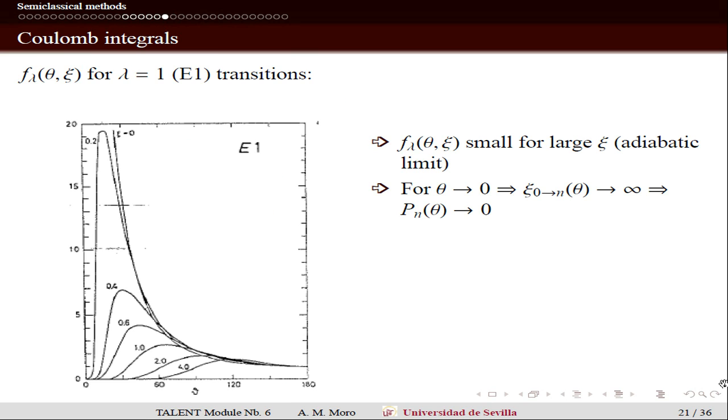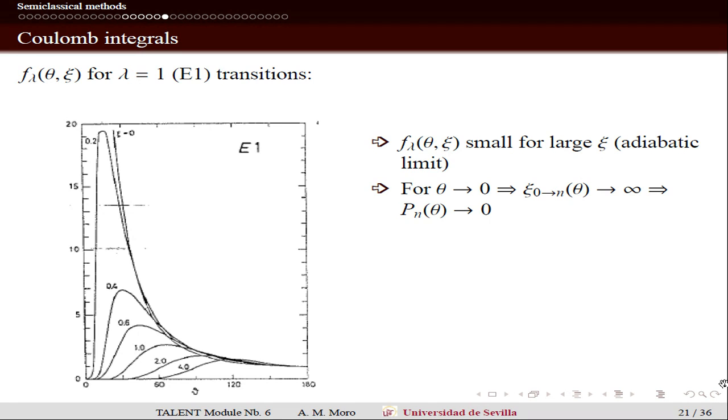Okay. Also, another feature that we observe is that for a small scattering angle, except for the first line that actually diverges, for finite adiabaticity parameter, the cross section at 0 degrees is 0.